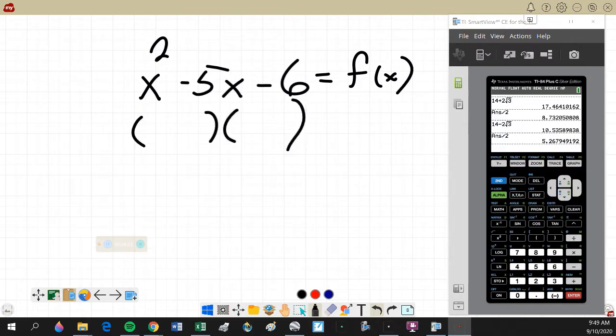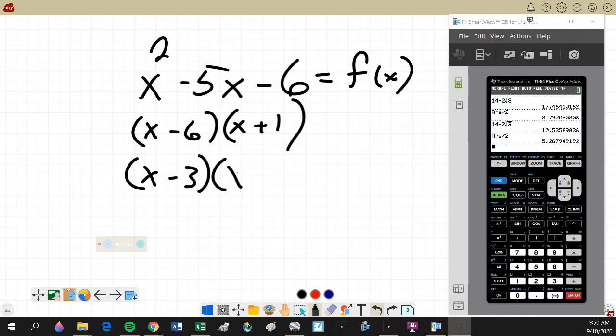Okay. Can you think of two numbers that multiply to be negative 6 and add to be negative 5? So negative 6 and 1, why not this? Or do they both work? What's wrong with negative 2 and negative 3?